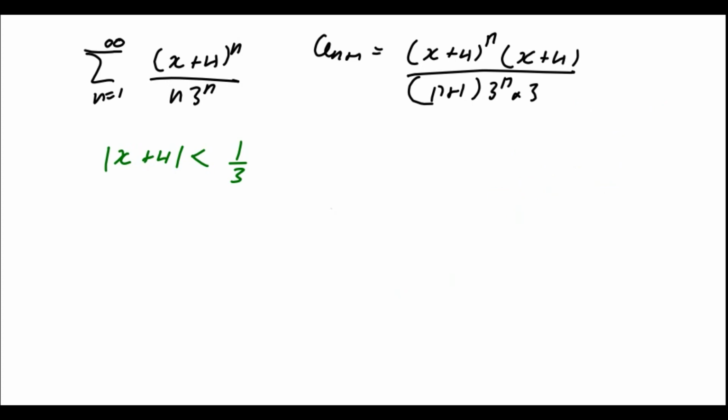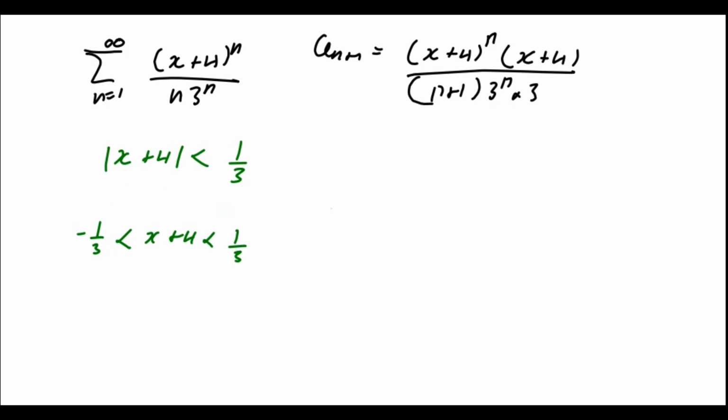So the interval of convergence, remember these are absolute value symbols. If you get rid of them, this will move to the other side and become negative. So that would be -1/3 less than x plus 4 less than 1/3, a positive part. So you can move 4 to this side as well as the other side.